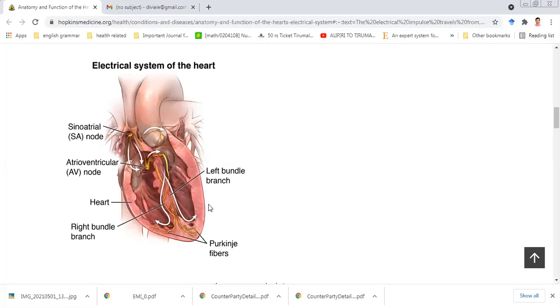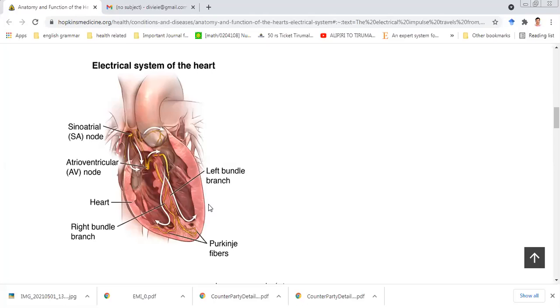Similarly, EEG, electroencephalogram, is the waveform recorded from the brain of the human body, and the instrument used for that recording is called an electroencephalograph.